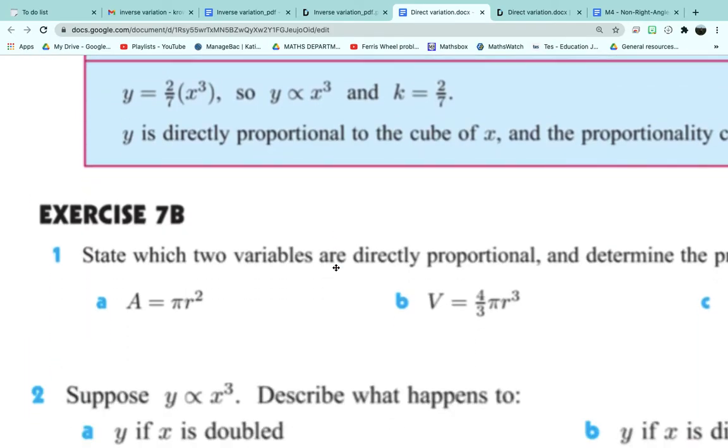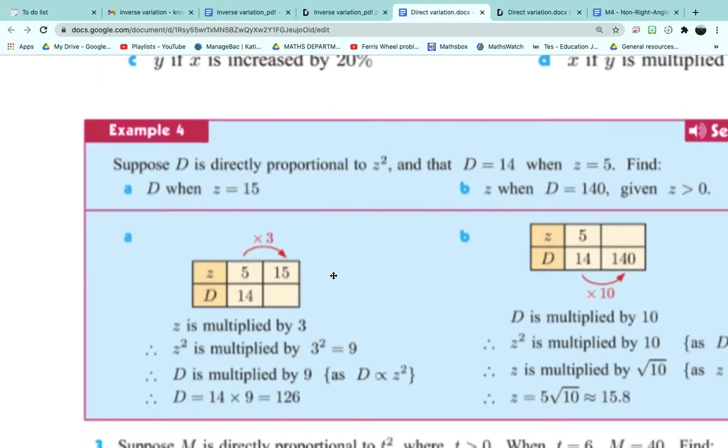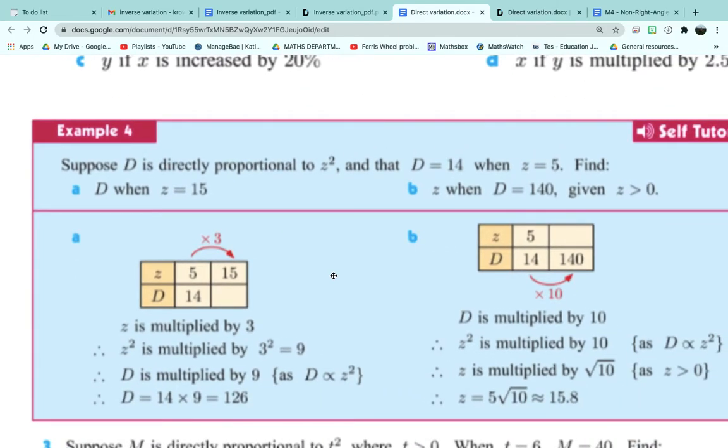So continuing on with more challenging questions, let's have a look at this. We could see that d is proportional to z squared. And it gives us 3 bits of information, 14, 5 and 15.